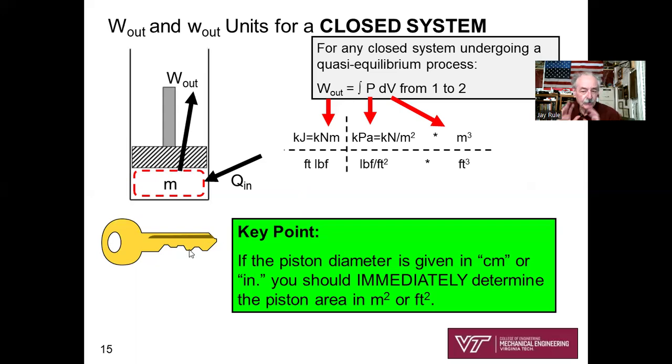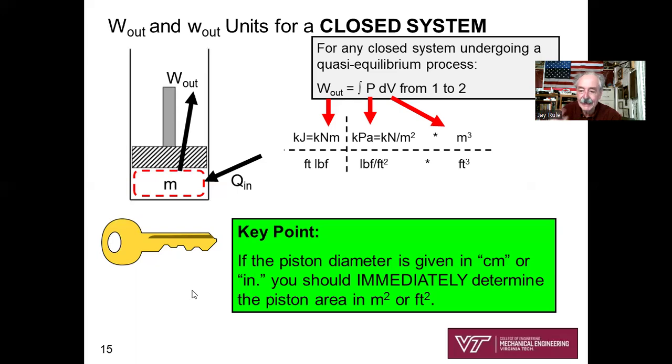Okay, so what's the takeaway from your experience so far? In the first few weeks in class, if I'm given a problem with a piston and cylinder, and I'm given the piston diameter in centimeters or inches, I know I'm going to need to calculate the area for a free body diagram or something.